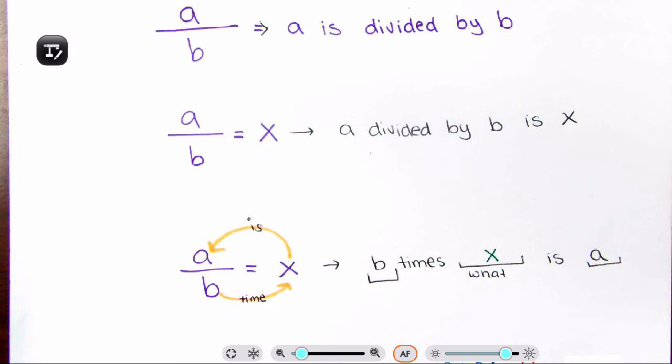So if we have A divided by B is X, it's the same thing copied down here, but this is now how we're going to translate. We're going to take our denominator.